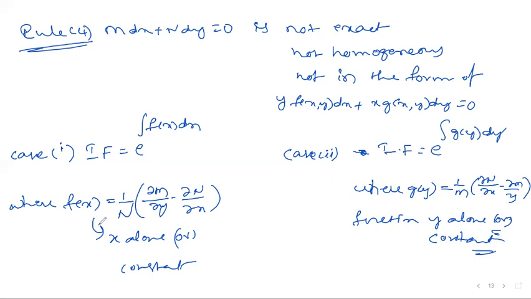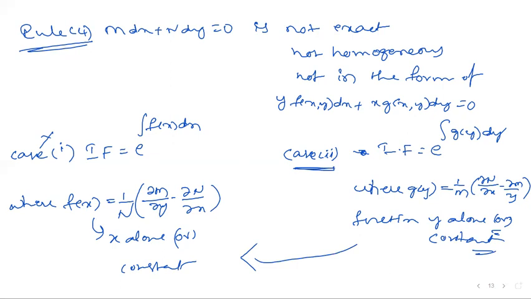Sometimes the function contains y terms, so the first case will fail. Go to the next case. If both do not exist, are not satisfied, then the given differential equation may be linear or may be a Bernoulli differential equation.